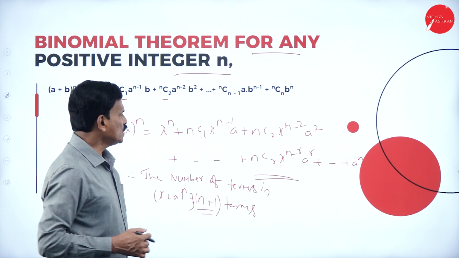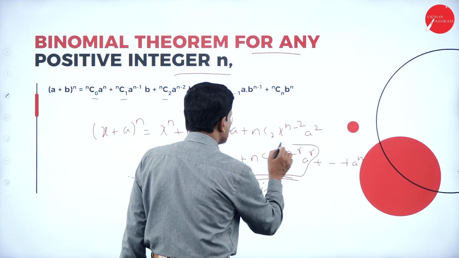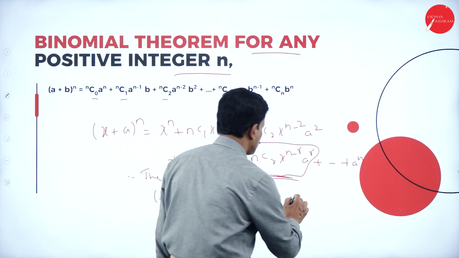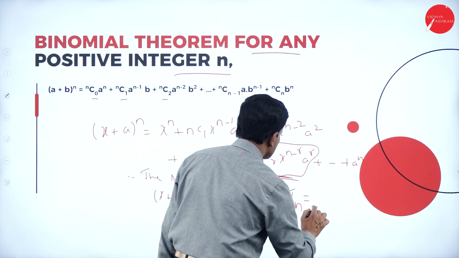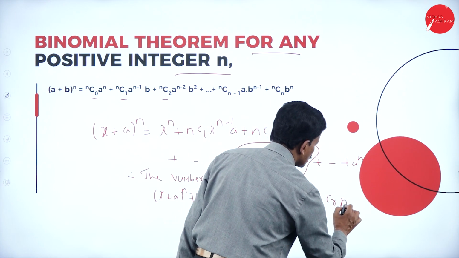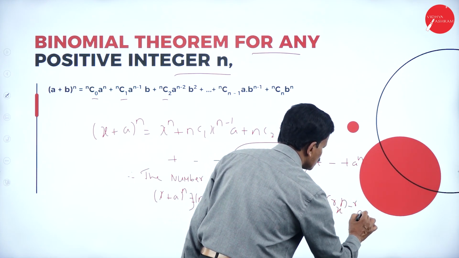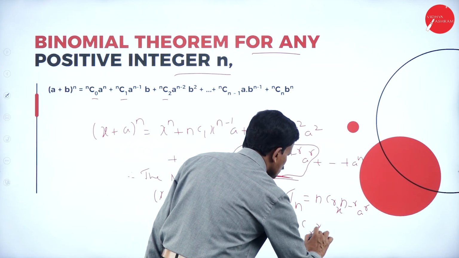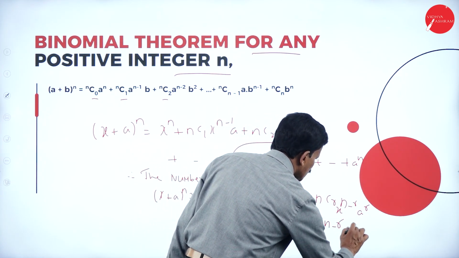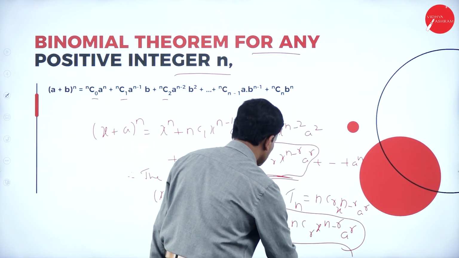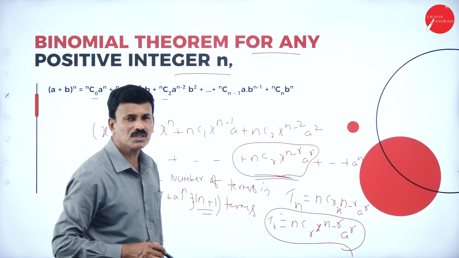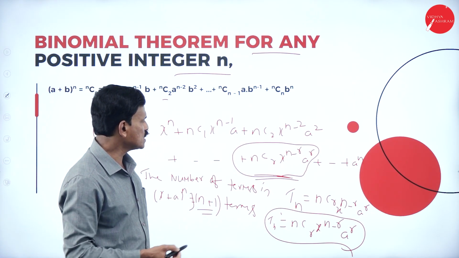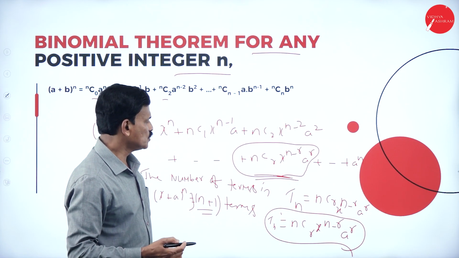Now, NCr x to the power of n minus r a raised to r is called the general term in the binomial expansion, denoted as Tr plus 1, which is equal to NCr x to the power of n minus r into a to the power of r. The general term in the expansion of (x plus a) to the power of n is NCr x to the power of n minus r and a to the power of r.